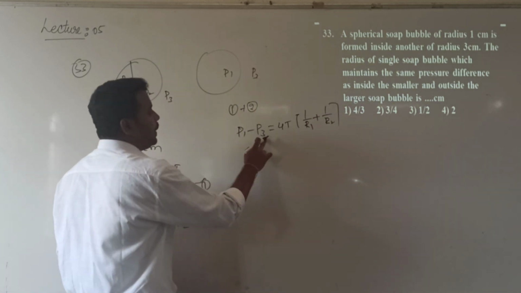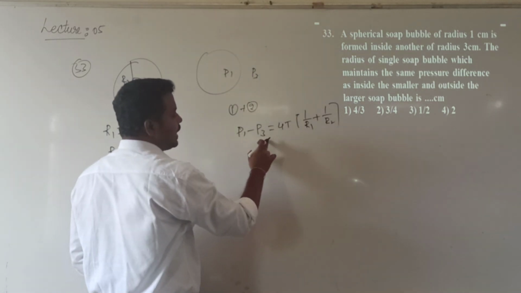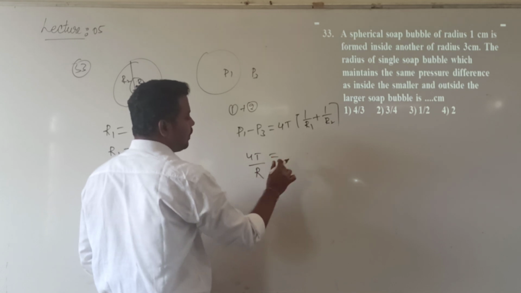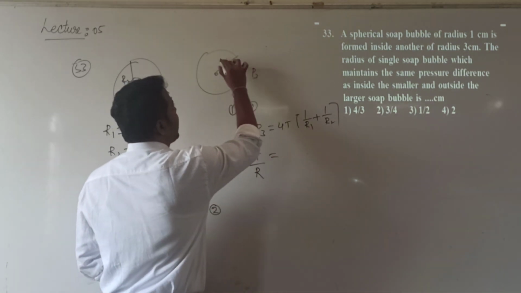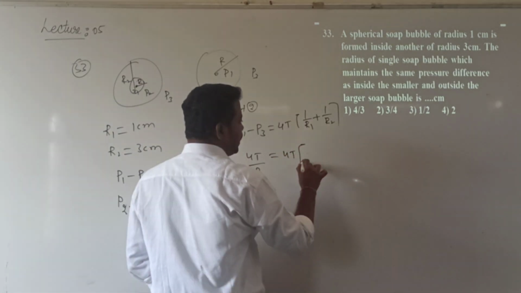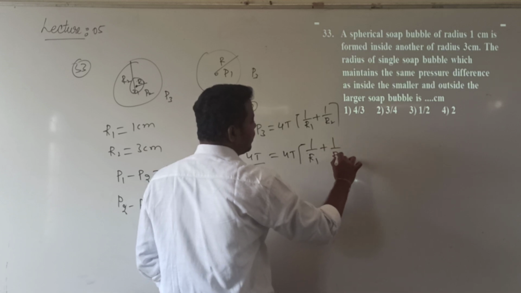So this P1 and P3 is the pressure difference across another soap bubble. Whenever the excess pressure is given, what is the formula? 4 into T by R, where capital R is the radius of this other soap bubble, will be equal to 4 into T into 1 by R1 plus 1 by R2.